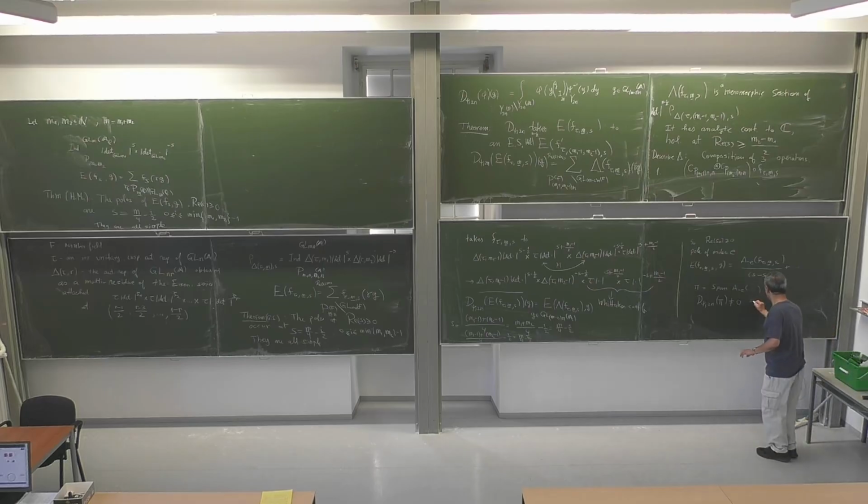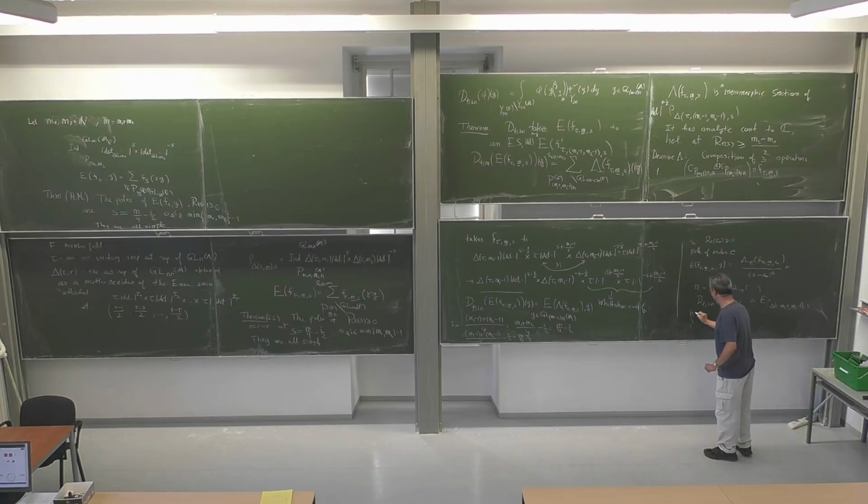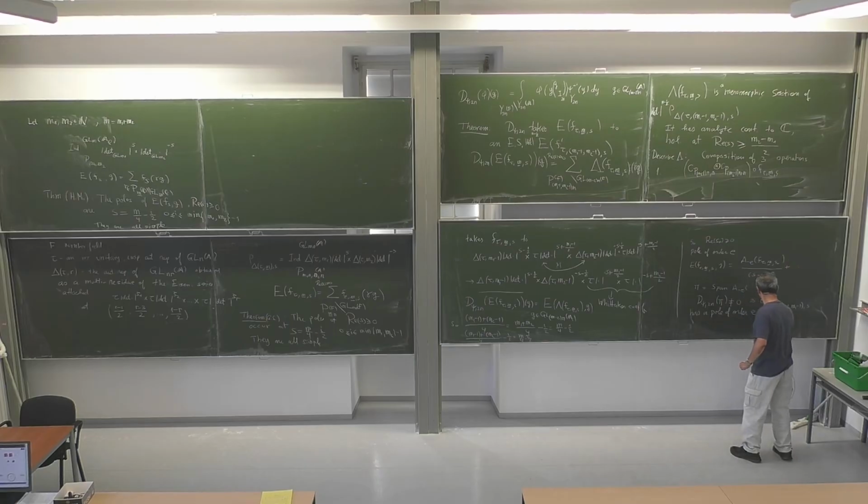So I get that the Eisenstein series for the representation which corresponds to M1 minus 1, M2 minus 1, has a pole of order E at S0. Assume I did the initial case.